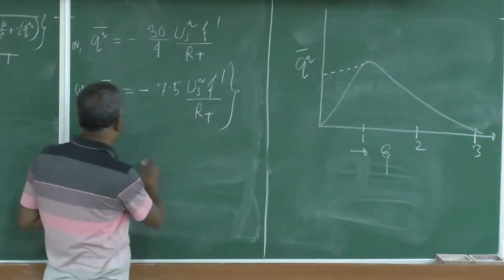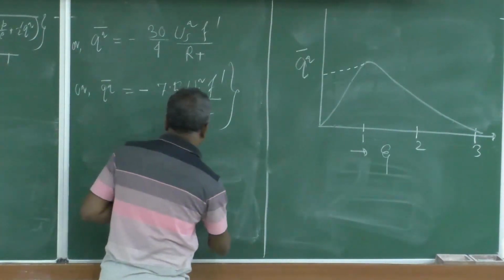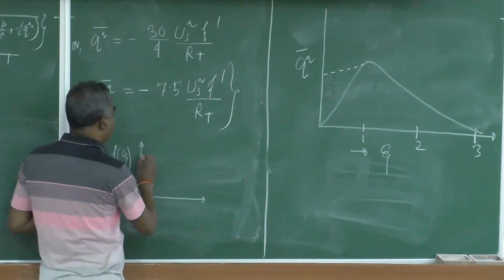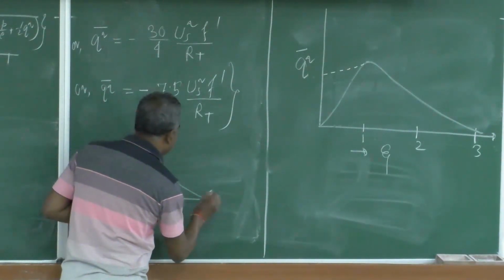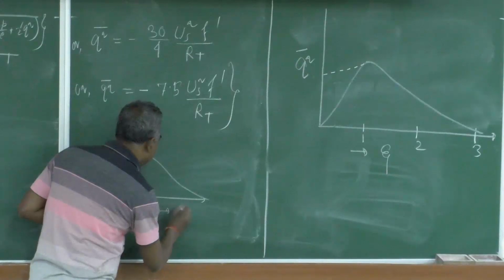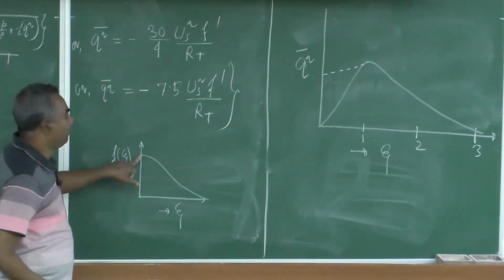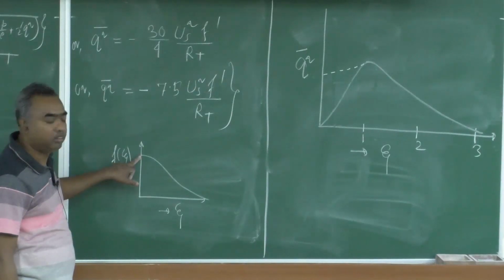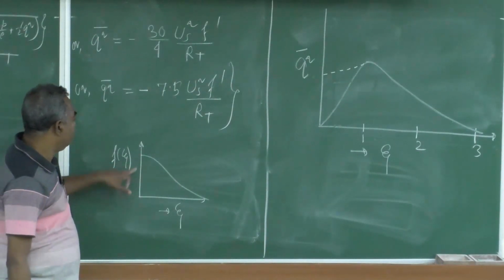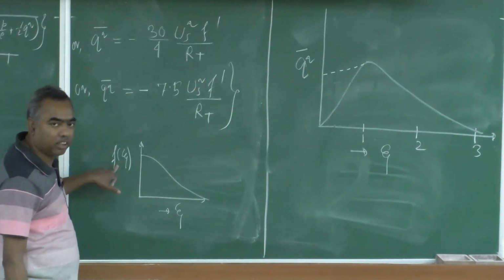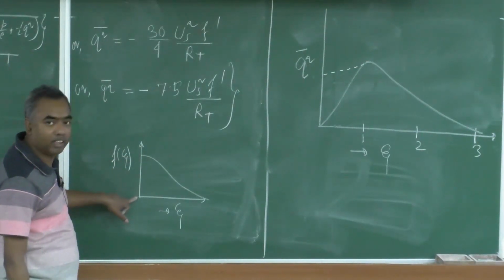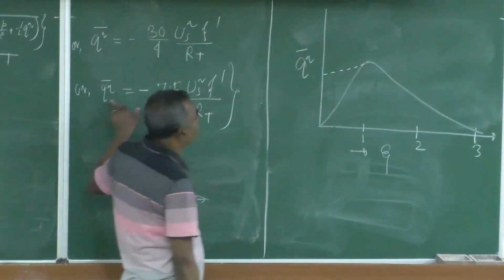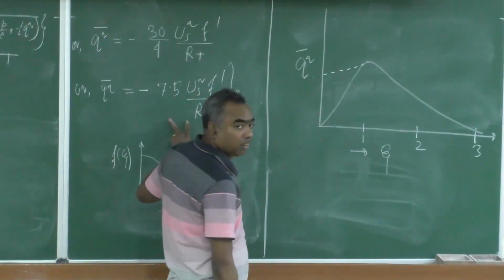If you remember how f of j was coming, this is your f of j. So f of j is a symmetric function about j is equal to 0. If you have a derivative of this function, then that is going to be 0 at j is equal to 0. Therefore, this q square is going to be 0 as per this equation.